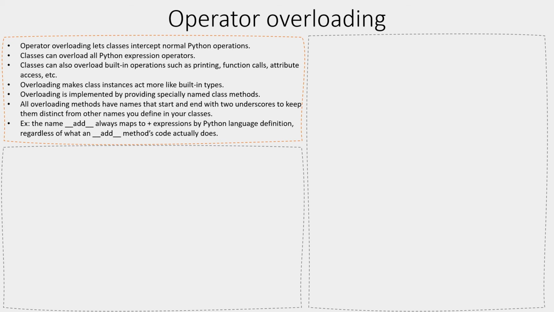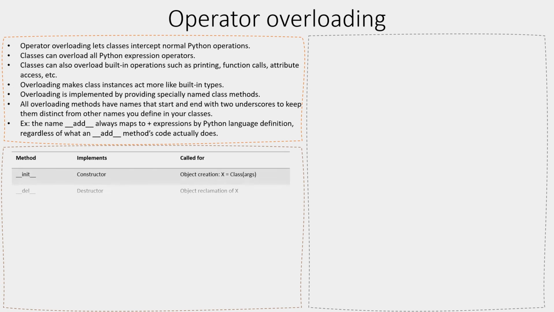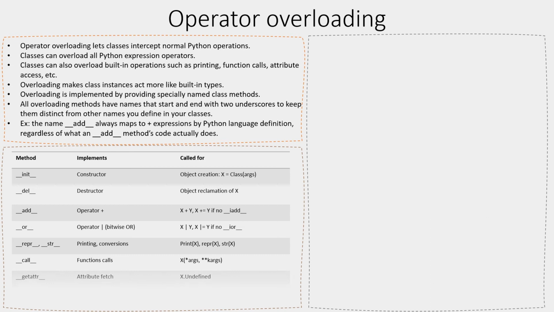So now we will see what those methods are. We'll see some of the examples. There are plenty of methods, but we'll see the most widely used examples. First one is init, and then del is a destructor, and add is for the addition, and then or is for the logical or bitwise or, and then repr or str, these are for printing and conversions.